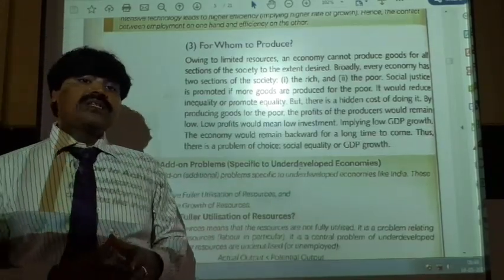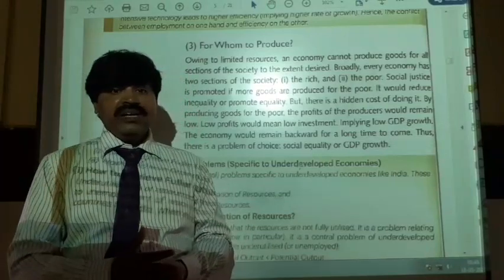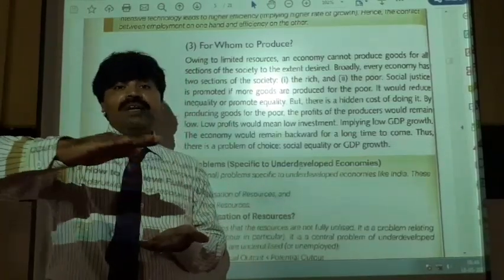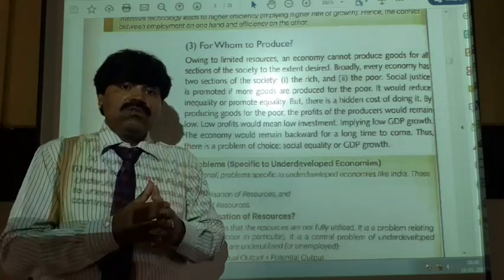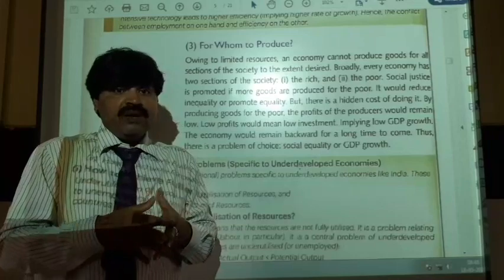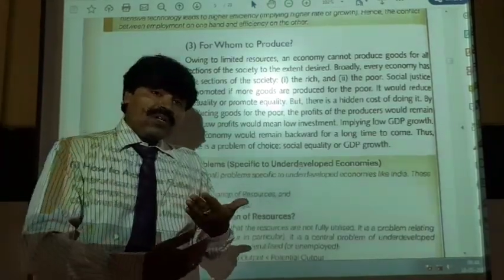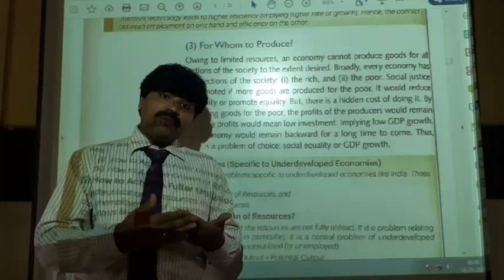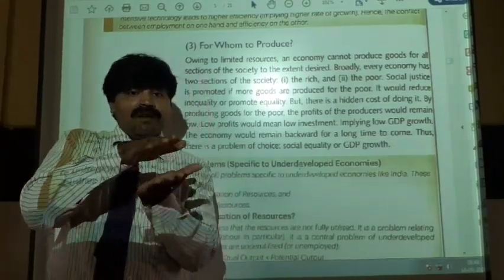If more goods and services are produced for the poorer section of society, it will lead to social equality in the population. It will reduce the gap between the richer section and the poorer section of society. But on the other hand, by producing goods and services for the poorer section, the income of the producers is low.